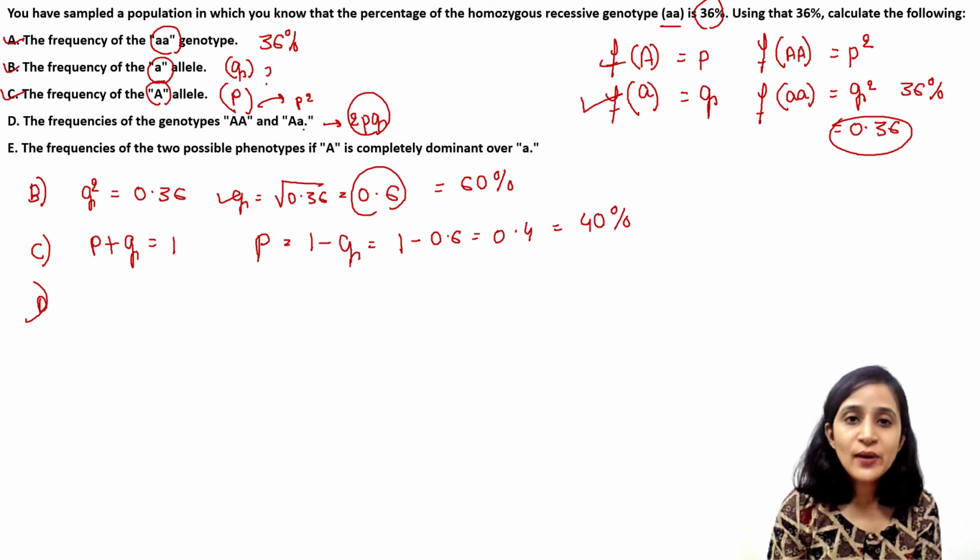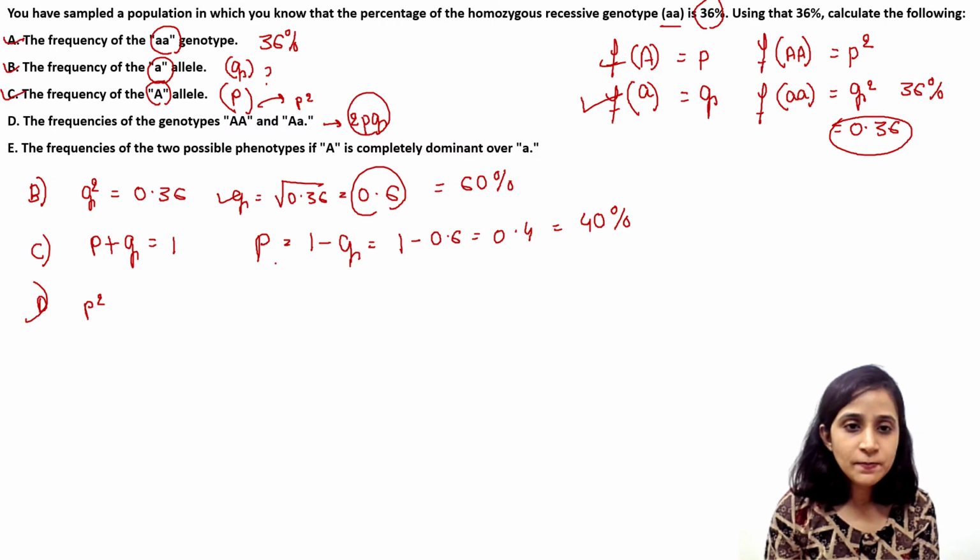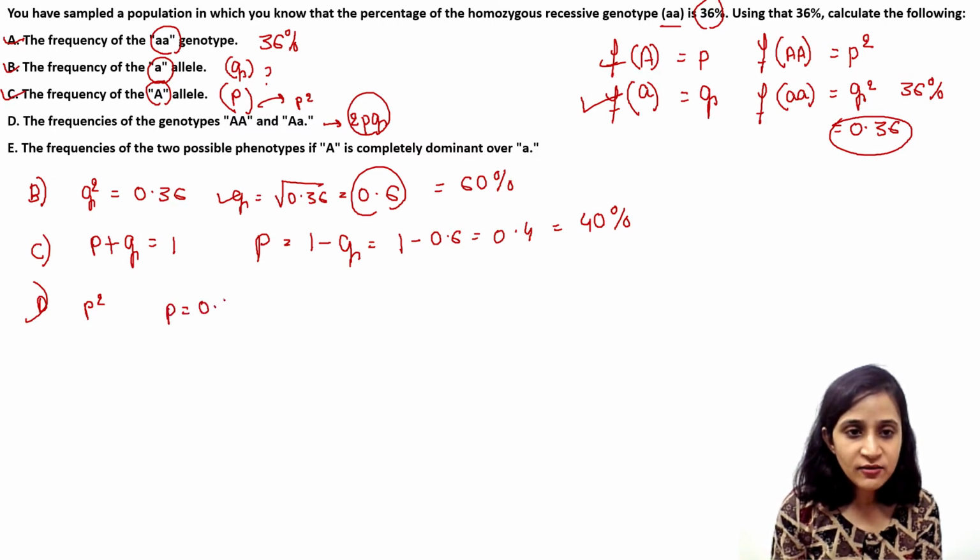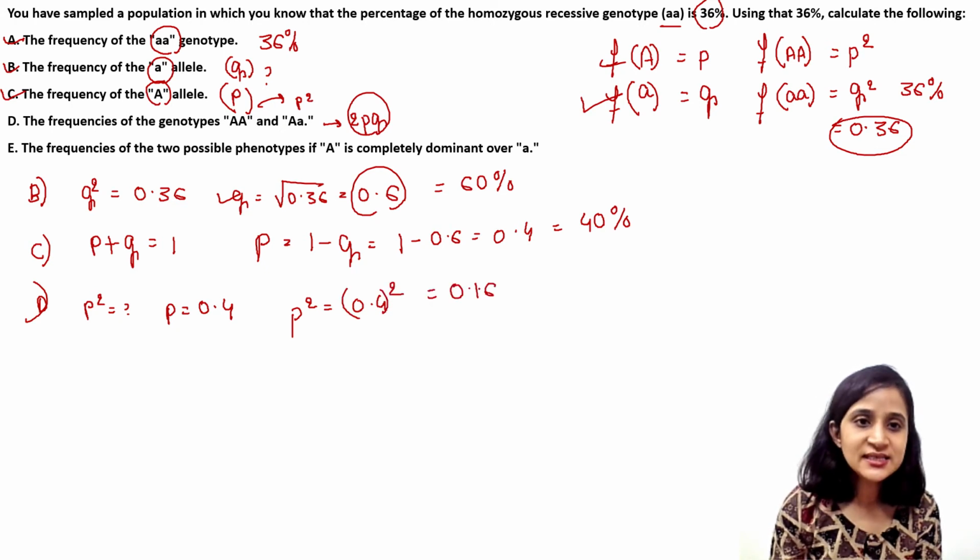So first we need to calculate what is p square. So p we know, p is 0.4. That means p square will be 0.16.